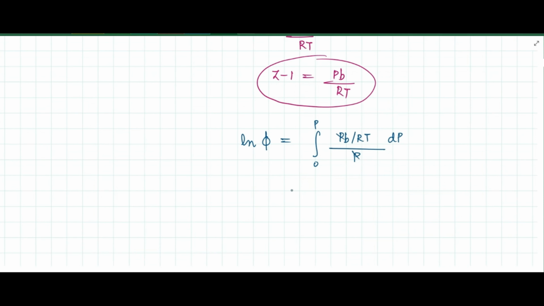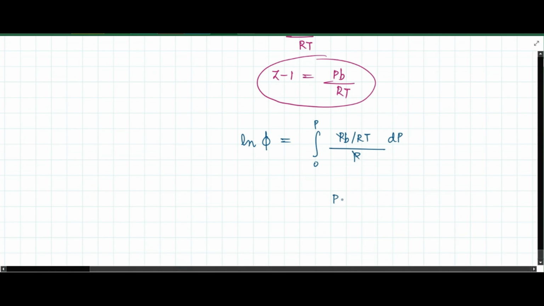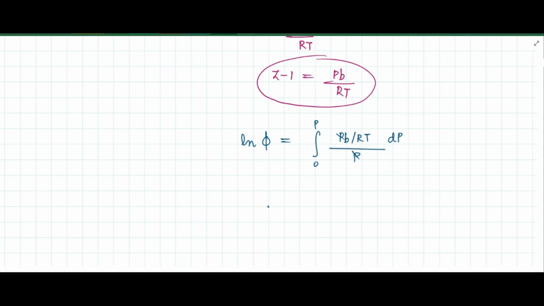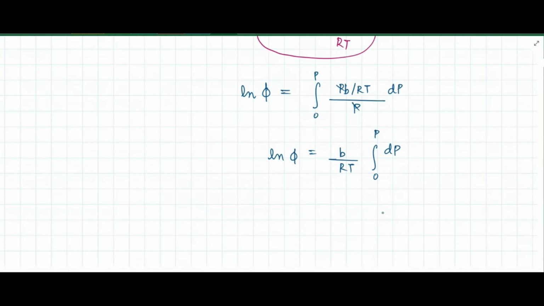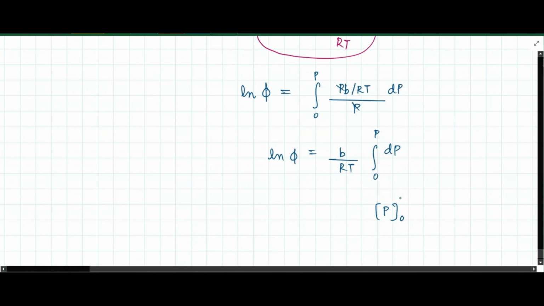Now essentially what I have is the integral of B by RT dP, with limits 0 to P. B by RT is constant, the integral of 0 to P dP. What is the integral of dP? It is P from the limits 0 to P.